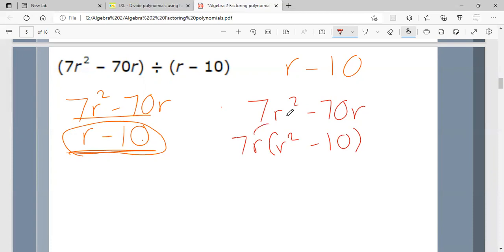So let's double check our work. So when we check our work, well, I made a mistake with the r squared. They have an r. It's easy to get that wrong. So let's see when I do distributive property, will I have the same as I initially had in the numerator? So let's find out.